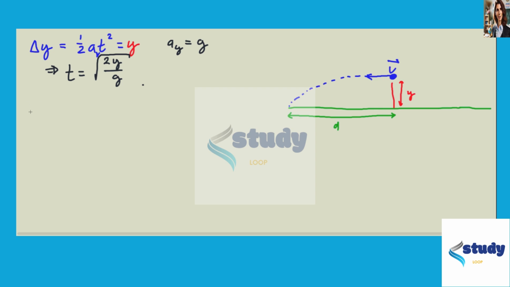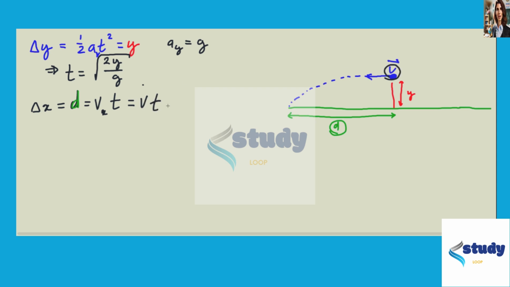But now we want that the total change in x should be equal to this distance d here. But of course, that's equal to the velocity in the x direction times the time traveled. Vx is just equal to this v. So this is v times t.